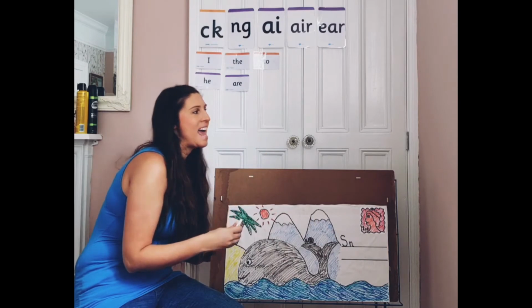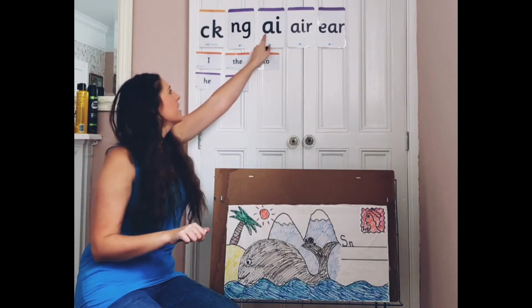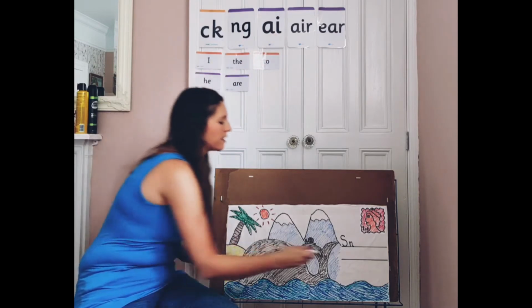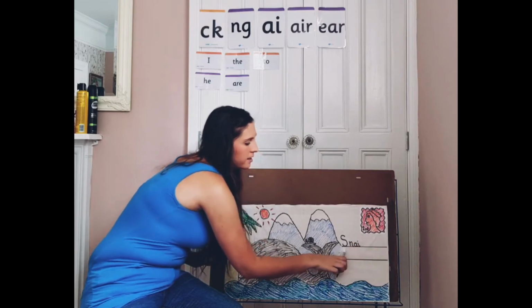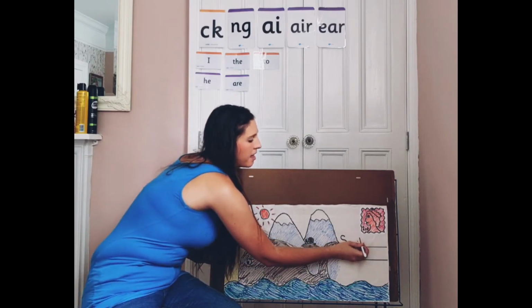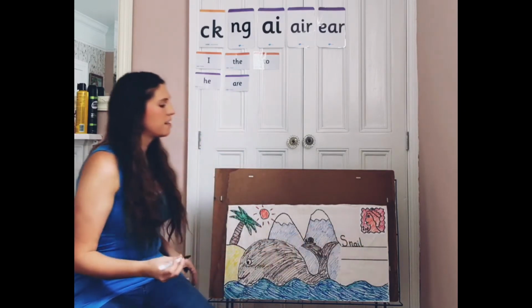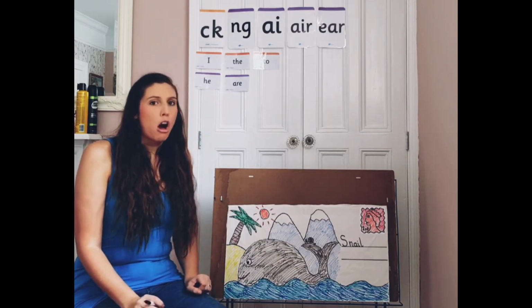Sn, A. So my A sound, I've actually got it up here. There it is. A like the rain. Sn, A. Snail. And then the next word is going to be rock.